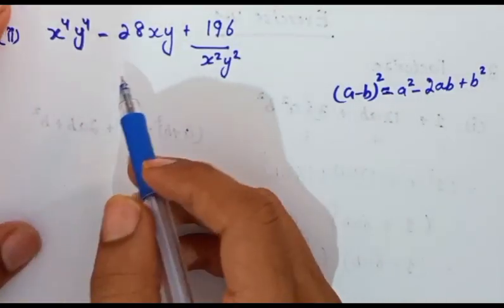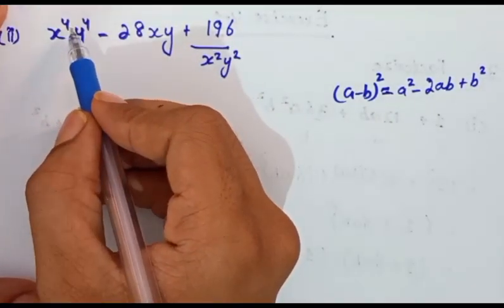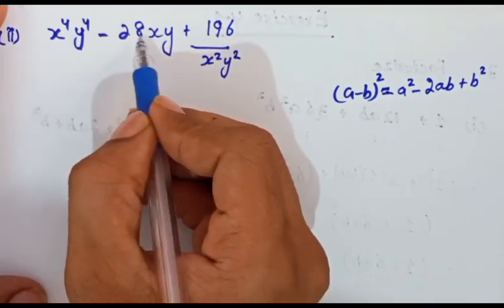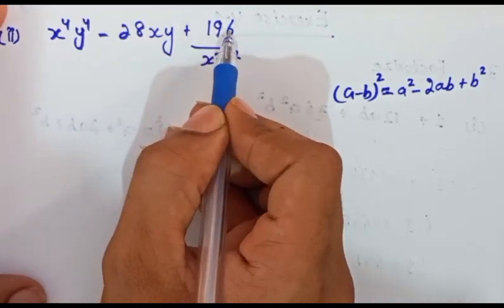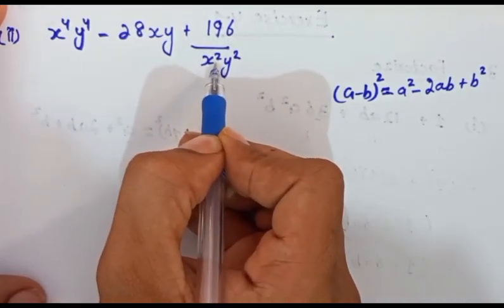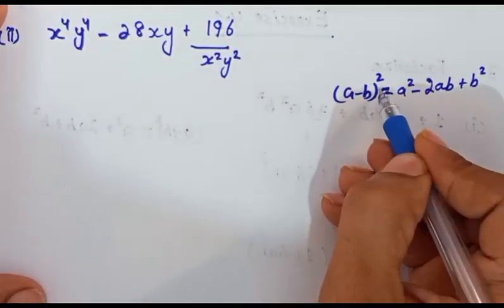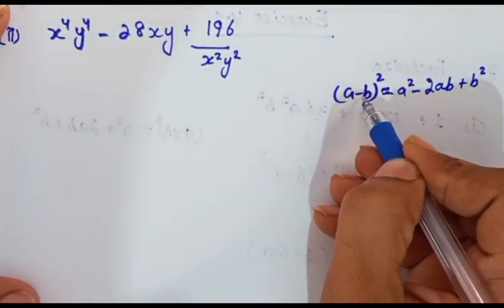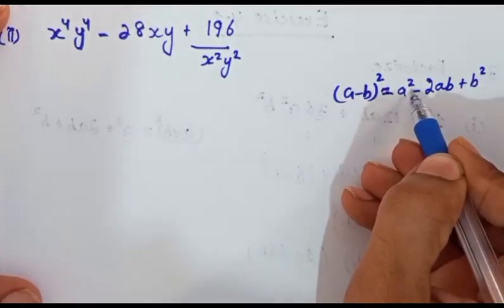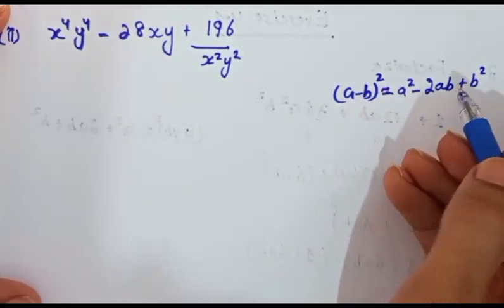Okay, come to another question, that is x to the power 4 y to the power 4 minus 28xy plus 196 over x square y square. So we will solve it according to the second formula: (a minus b) square is equal to a square minus 2ab plus b square.